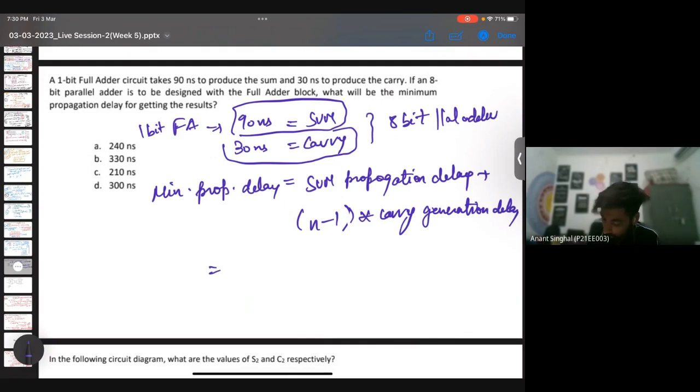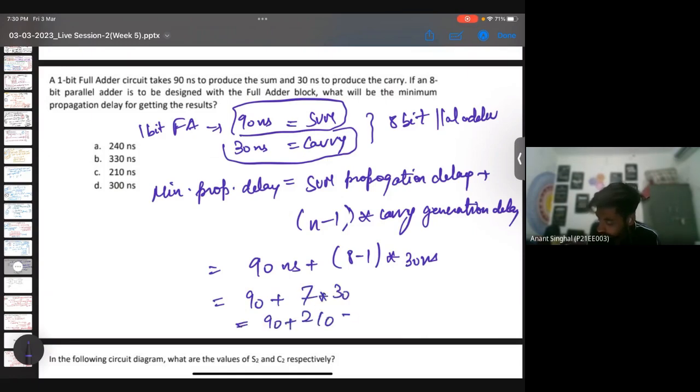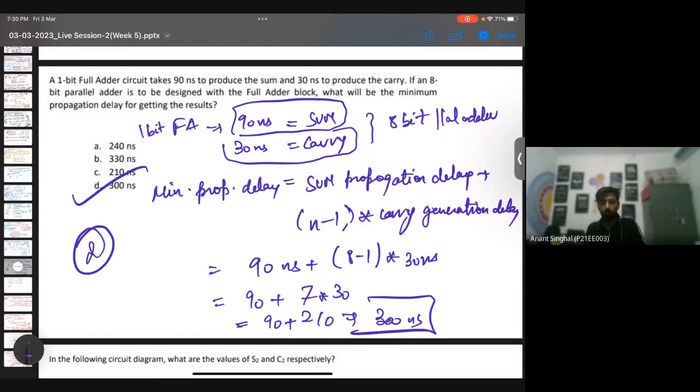So in the question it is given that it is 90 nanoseconds and it is an 8-bit, so it will be 8 minus 1, and then the carry generation delay was 30 nanoseconds. So it will be 90 plus 7 into 30, which is nothing but 90 plus 210, which is 300 nanoseconds. So the correct answer to this question is option D. So this will be the minimum propagation delay that will be required.